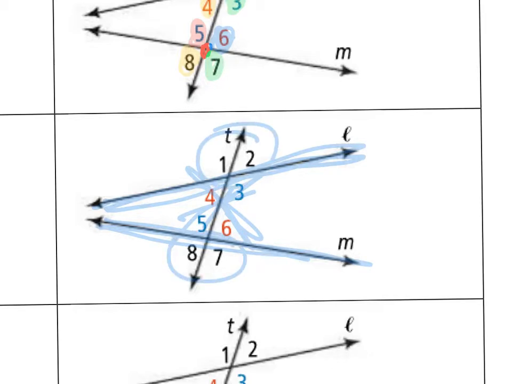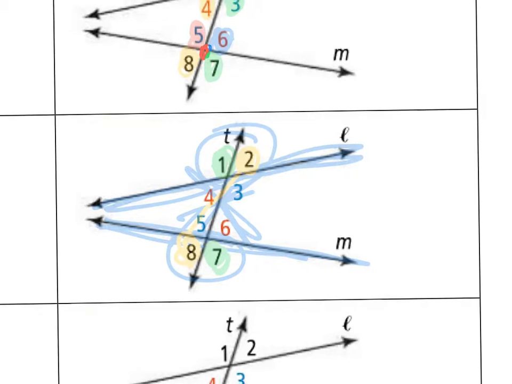So, alternate, I'm looking at 1. I want to be on the opposite side of that transversal. So on the opposite side of line T. That has to be 7. Now let's try another one. I'm looking at 2 on the opposite side. So I'm going directly across to 8 right over there. So 2 and 8, 1 and 7. Not too bad. You just look on the outside, go on opposite sides.